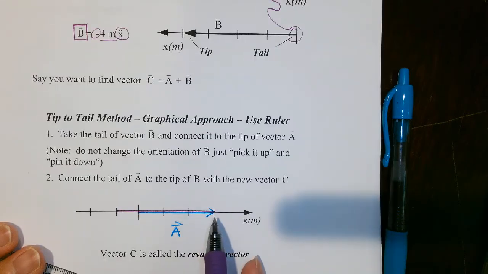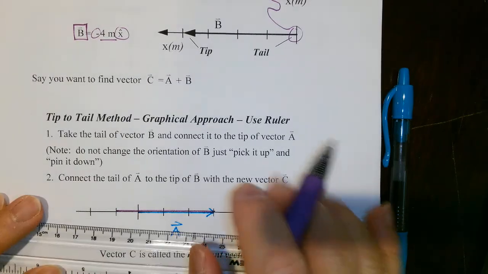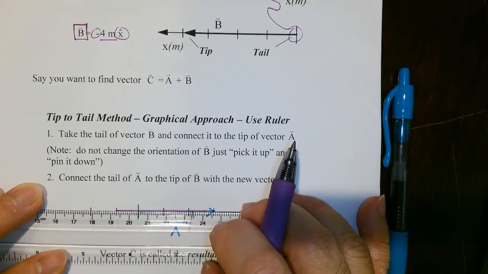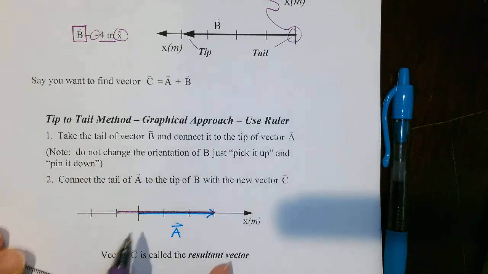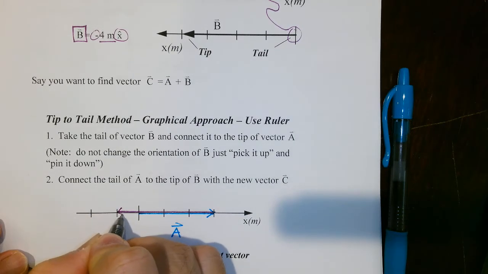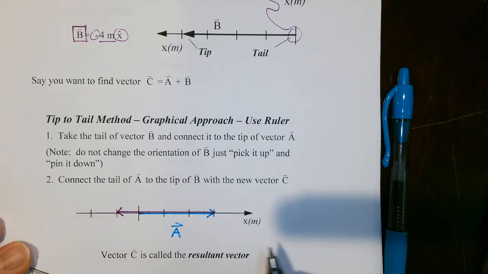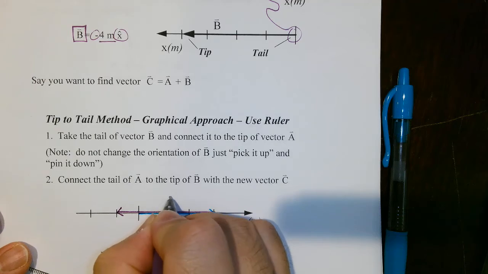Now, obviously, they're going to be on top of each other, but I drew it so that it's slightly off so you could see the colors better. Right? Doesn't make a difference. So here is my B vector.